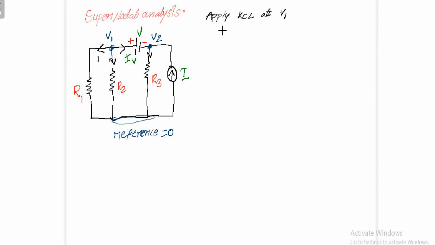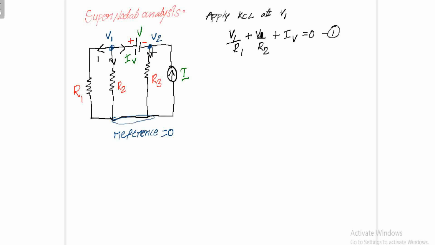By applying KCL, here we will get one equation: V1 by R1 plus V1 by R2, and this IV also outward, so plus IV equal to 0. This is your equation number 1.